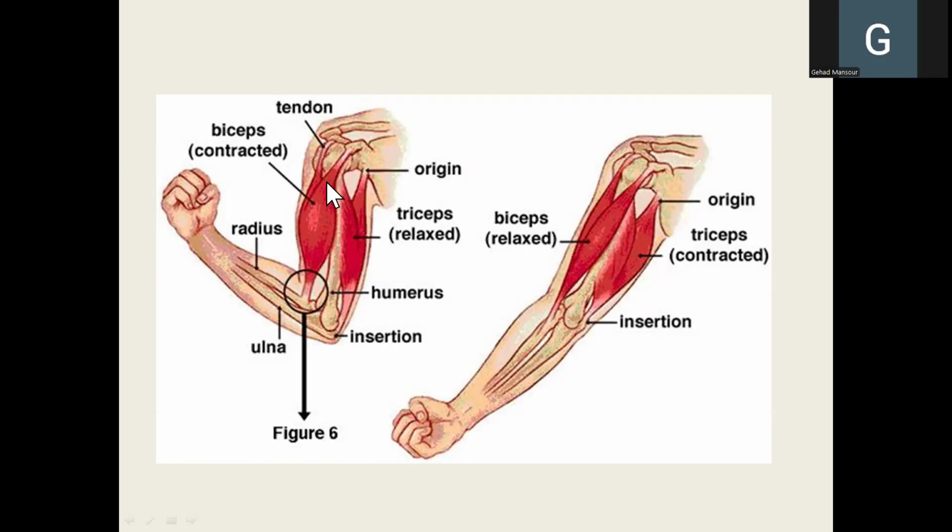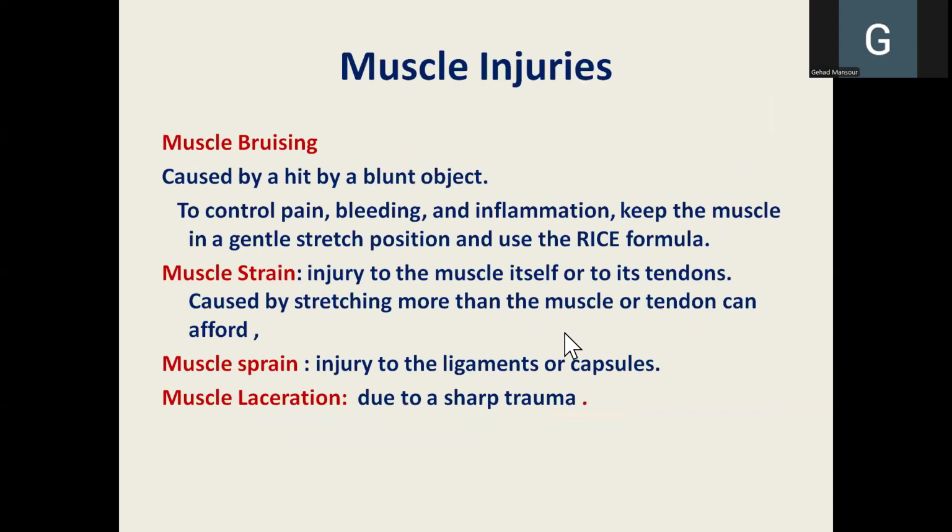The biceps has two origins that are both on the scapula, and it has an insertion that is mainly into the radius and partly into the ulna. The triceps has three heads that are also attached to the scapula, and the insertion is in the forearm bone, especially the ulna, but from the posterior aspect.